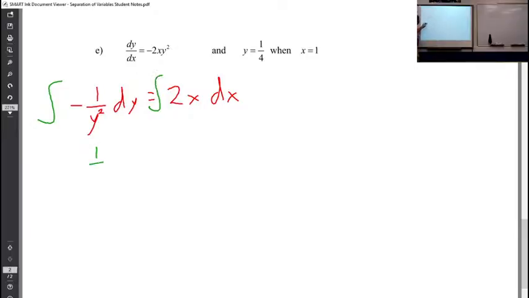Antiderivative here is a positive 1 over y. Antiderivative here is x squared plus c.